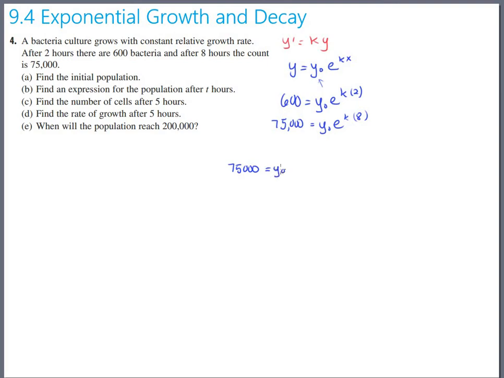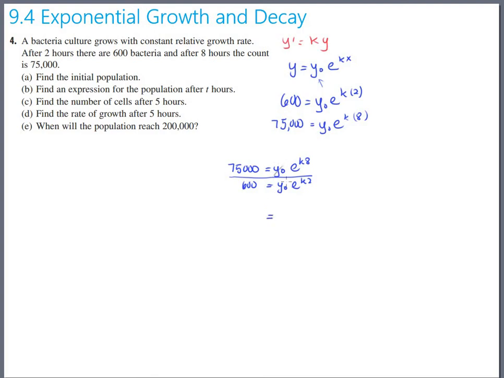So let's look at 75,000 equals y0 e to the k times 8. And let's divide that by 600 equals y0 e to the k times 2. This works because if this is equal to that and that is equal to that, dividing equals by equals still gives you equals.